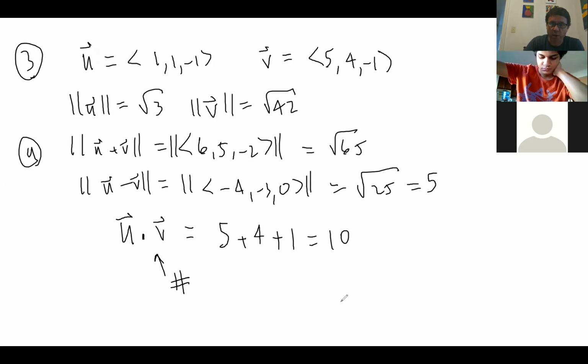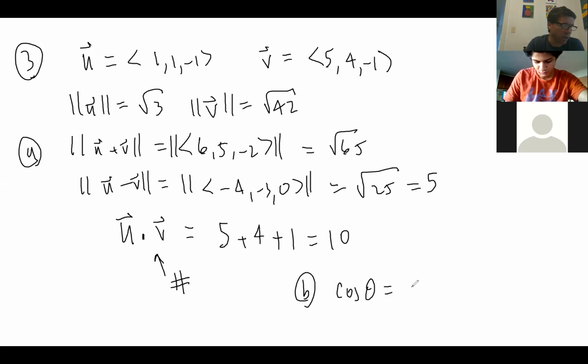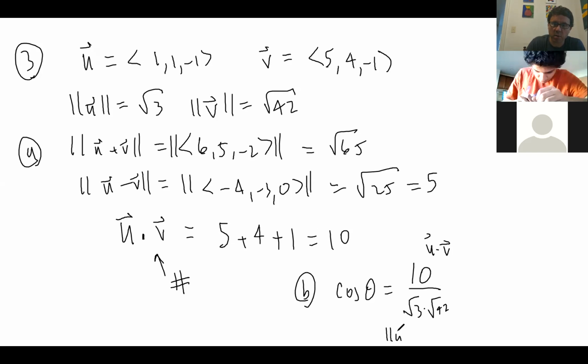Part B, since we have all the components here, the cosine of the angle between them is the dot product, 10, divided by the length of each vector multiplied together. So square root of 3 times square root of 42. Dot product on the top, length of U, length of V, multiplied on the bottom.